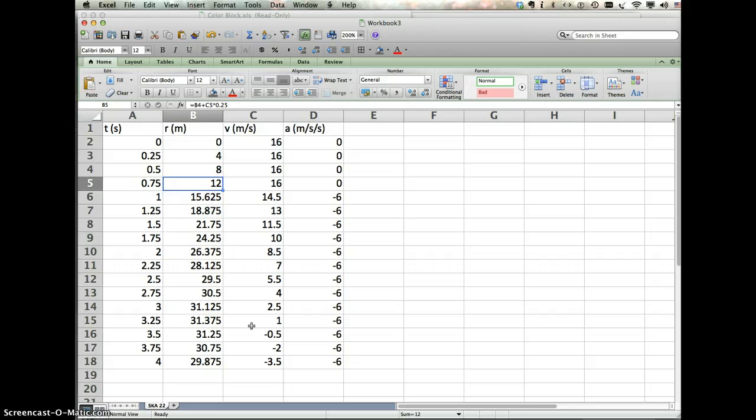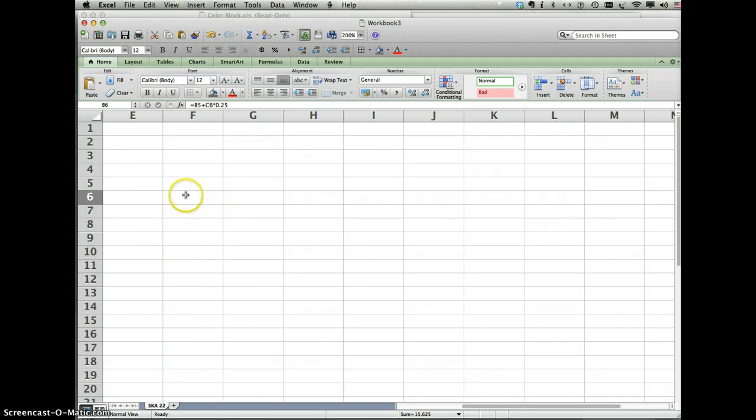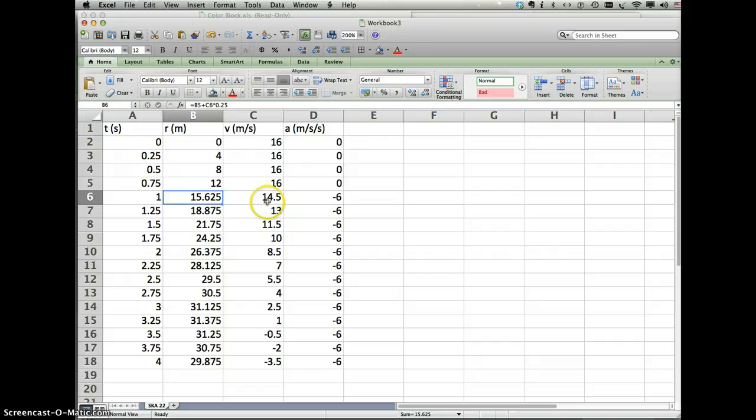Now if I do want to go back and make this more precise, the problem is that, for example, if I click right here, this position that I'm showing is doing a calculation with the assumption that I am traveling 14.5 meters per second during that entire time interval, but that's not the case.